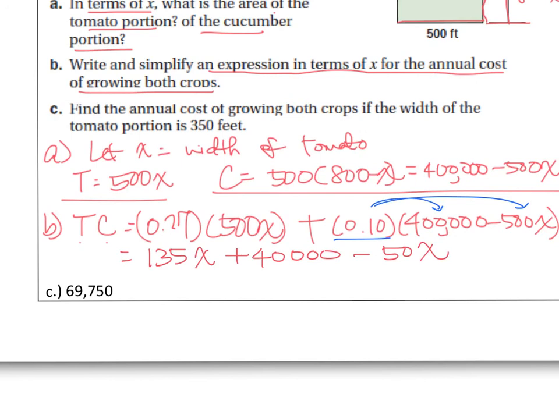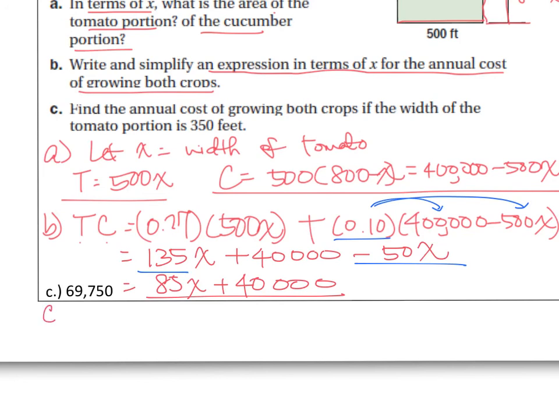Okay, and then we can combine like terms. 135X minus 50X gives you 85X. And this will be the answer for part B.